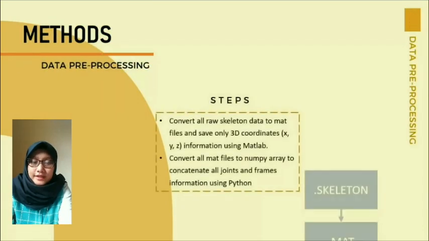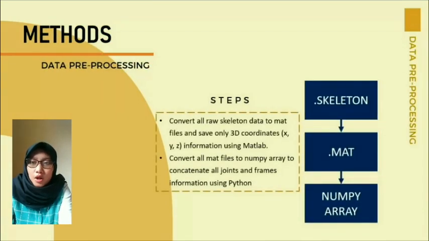Here are the steps that we use in the data pre-processing. First, we convert all the raw skeleton data to mat files and save only the 3D coordinates XYZ information using MATLAB. The skeleton data consists of 11 values, but we only use the last three coordinates, XYZ.